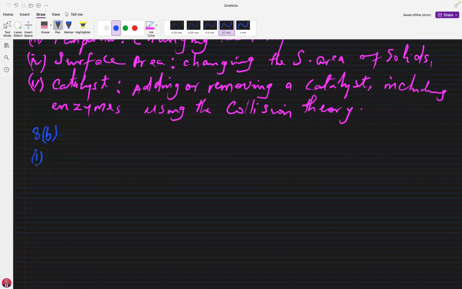How does concentration affect the rate of reaction? It should be noted that increasing the concentration of a reacting solution will increase the rate of reaction, and decreasing the concentration of the reacting solution will also decrease the rate of the reaction.